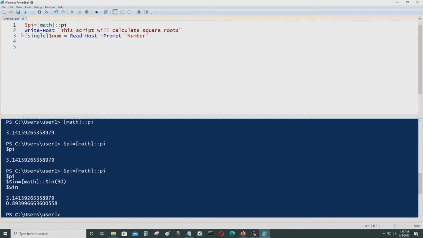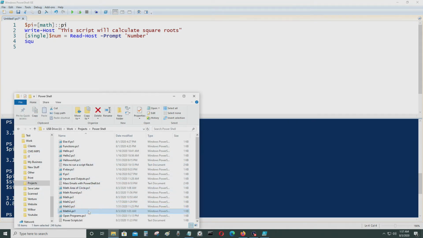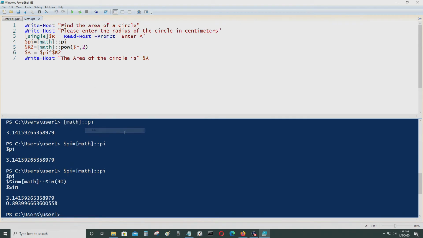The number, so square root. Okay, let's try that.